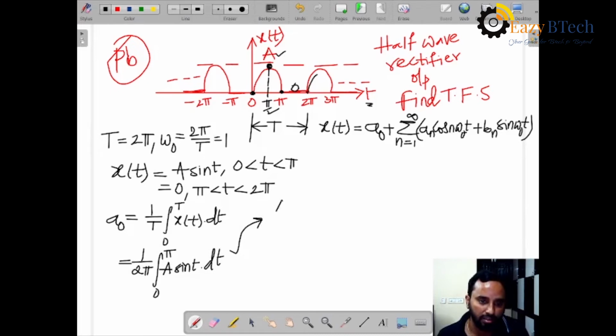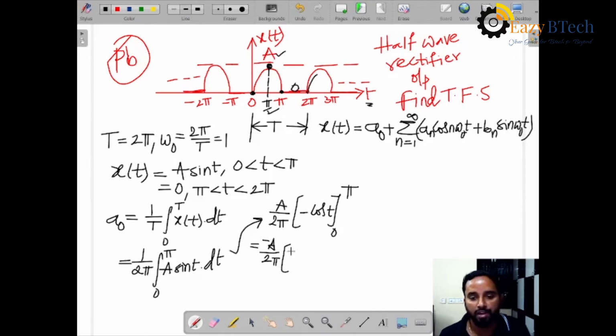A sin t. A you can write outside, 1 by 2 pi, integration of sin is minus cos t, and here the limits are 0 to pi. So substituting the limits, minus a by 2 pi, cos pi minus cos 0.